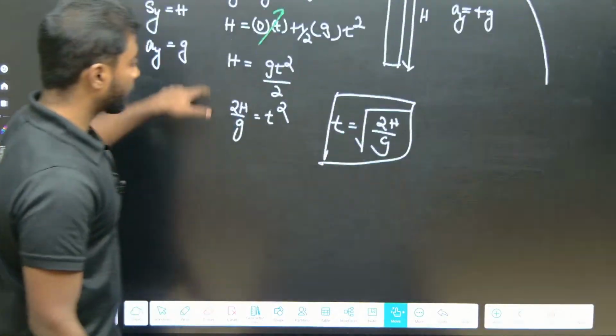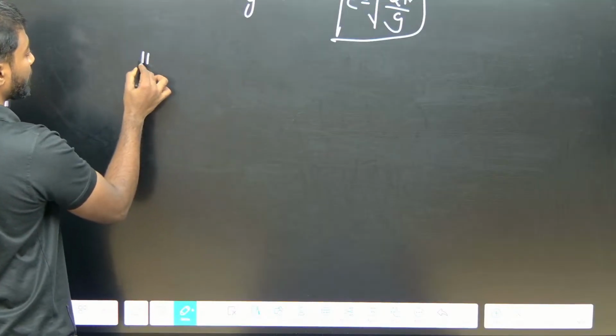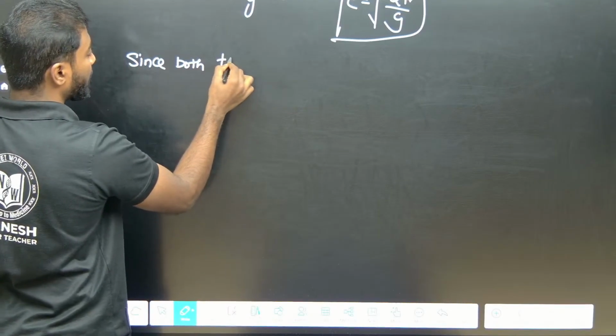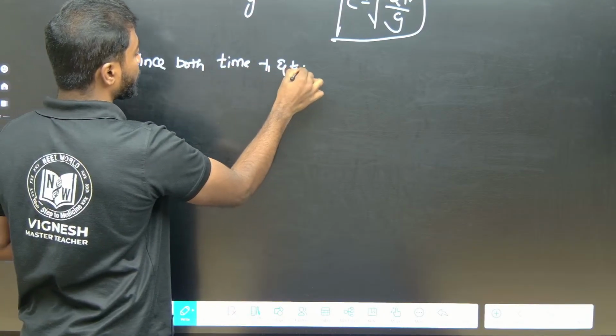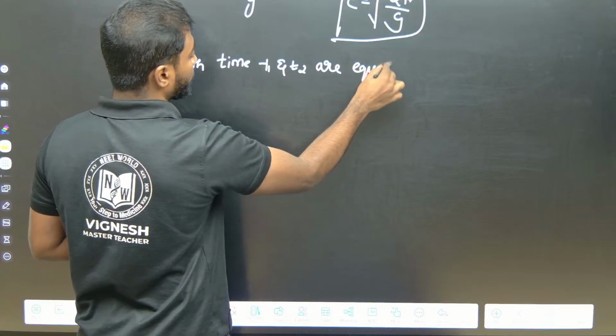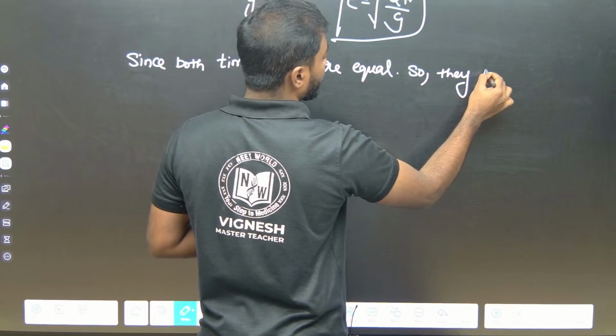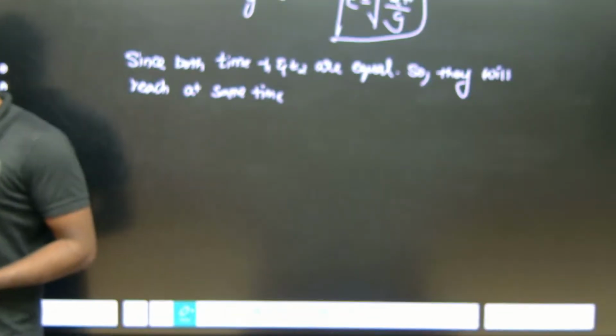So I can say that we should write the last point: since both times t1 and t2 are equal, they will reach simultaneously, at the same time. That's it. This is how we will write the answer for this question.